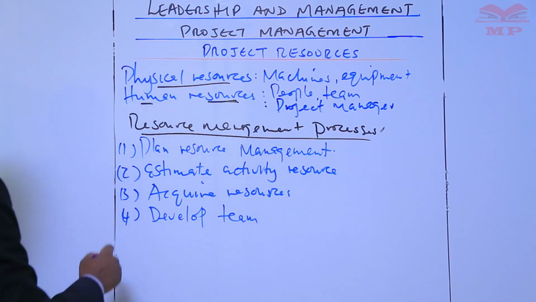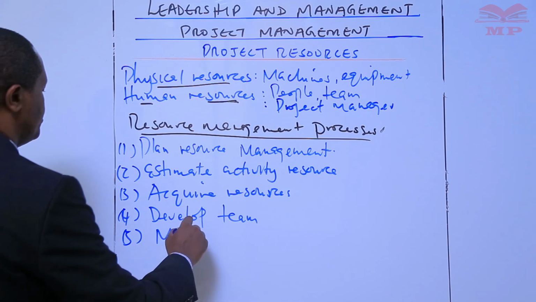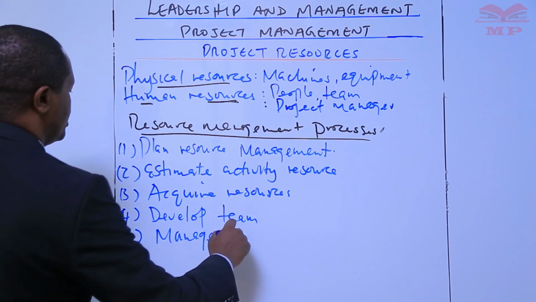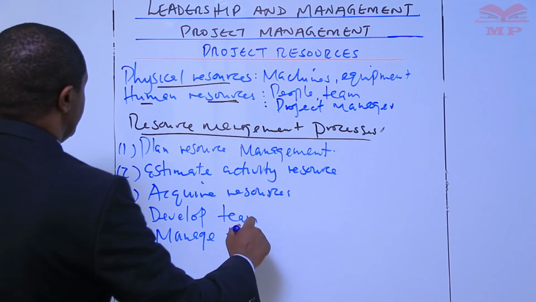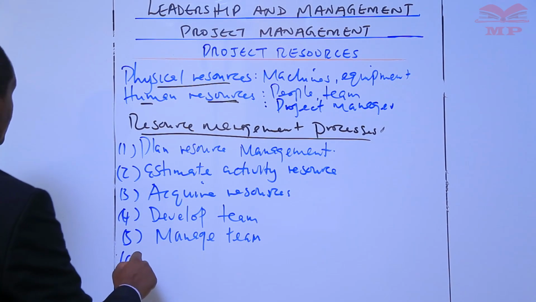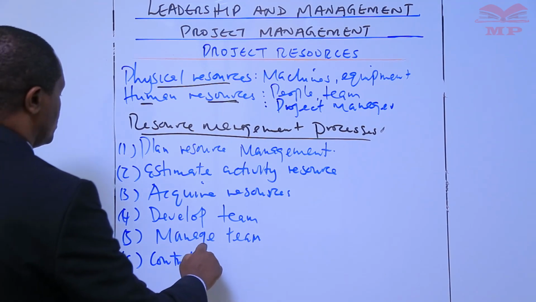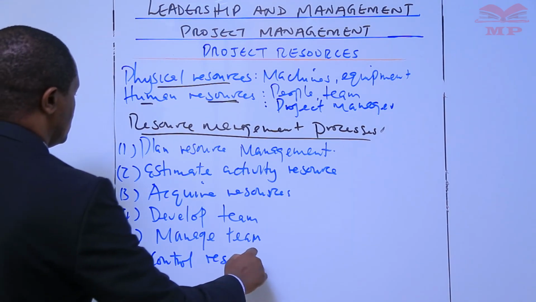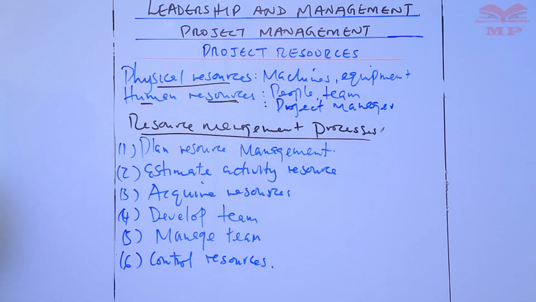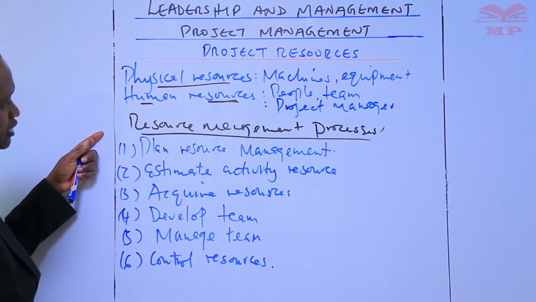These are now human resources. Number 5, manage the team. Then with 6, we can have control of resources. These are the 6 project resource management processes.